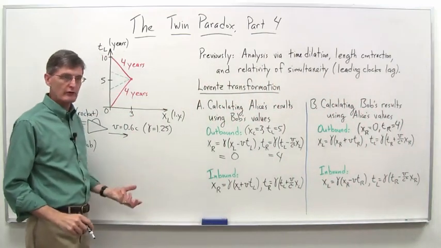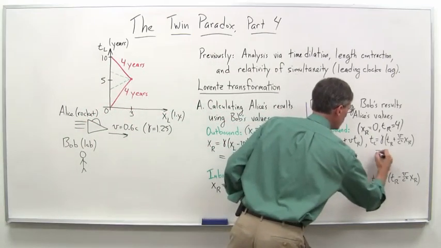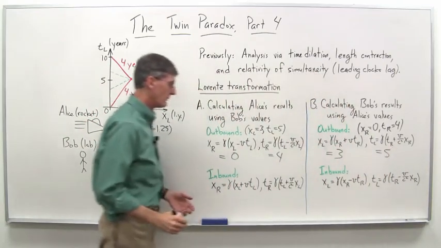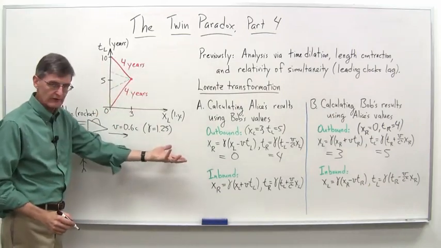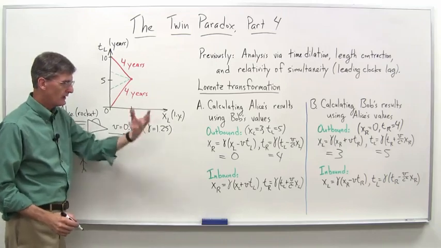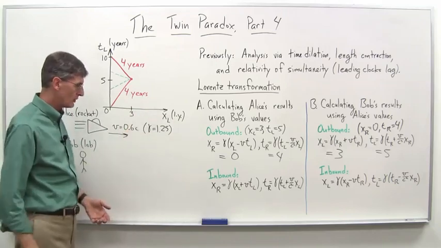And you plug those values in, and you get, as you should, 3 and 5. In other words, Bob's measurement of that space-time point is xL equals 3 light years, and time 5 years there. So that checks out, as it should.